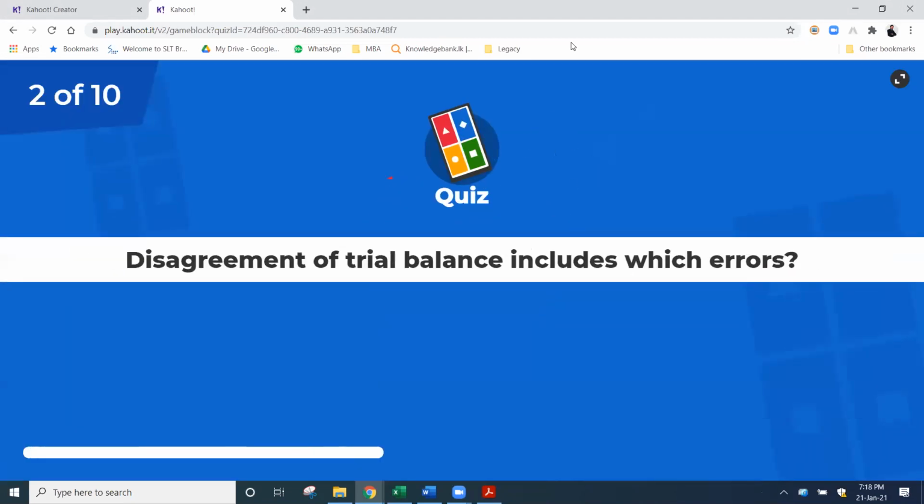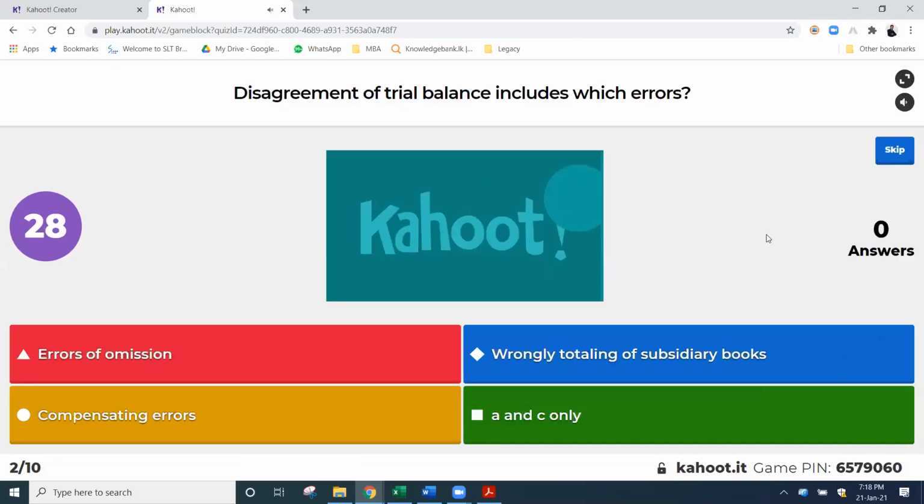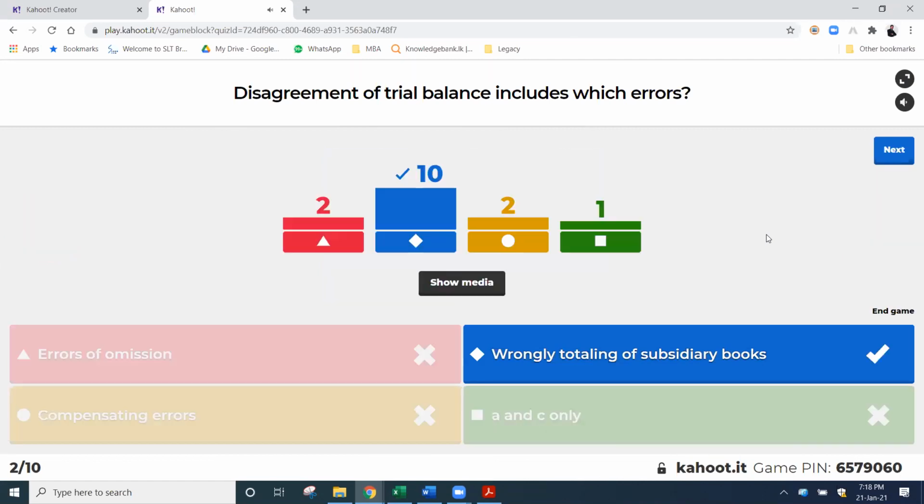Question number 2. Disagreement of trial balance includes which errors? On which error is the trial balance not equal? Is it errors of omission, compensating errors, or a subsidiary book that is not totaled correctly? So the answer is wrongly totaling of subsidiary books.